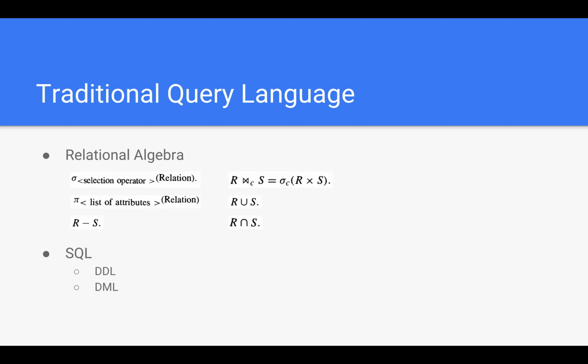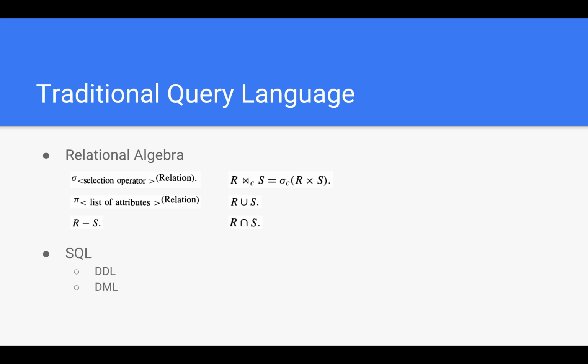The relational algebra defines the relation between data, and it contains six basic operations, including select, project, union, cross product, difference, and intersection. And SQL is divided into two major components. One is called data definition language, which is used to create, delete, and modify a schema in a database.